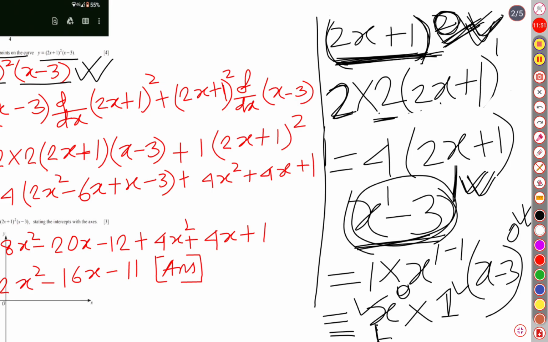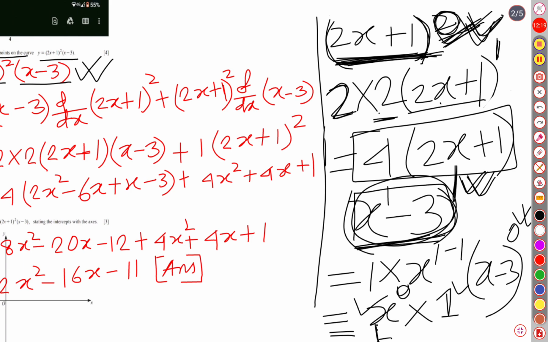After that, the whole function will be written, and the exponent will be reduced by 1, so from 2, if we subtract 1, it will be 1. So the derivative of 2x plus 1 whole square is 4 into 2x plus 1, and the derivative of x minus 3, same goes here, is x raised to 1.